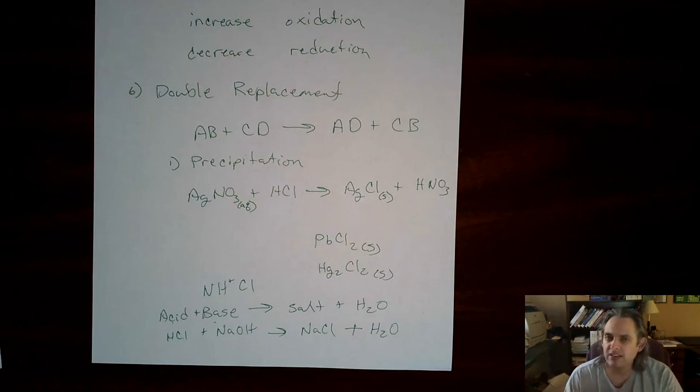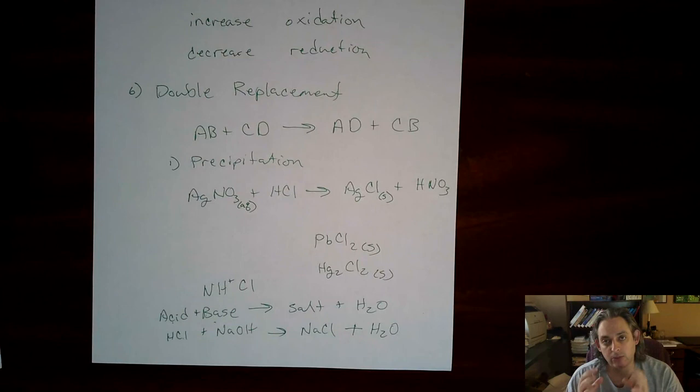And so those are the 6 types of reactions that we have. We have combustion reactions, which is any reaction with oxygen, the most common being a hydrocarbon. Whenever that happens, we will always have the products of carbon dioxide and water. We have synthesis or combination reactions, when 2 things combine together to make one thing.